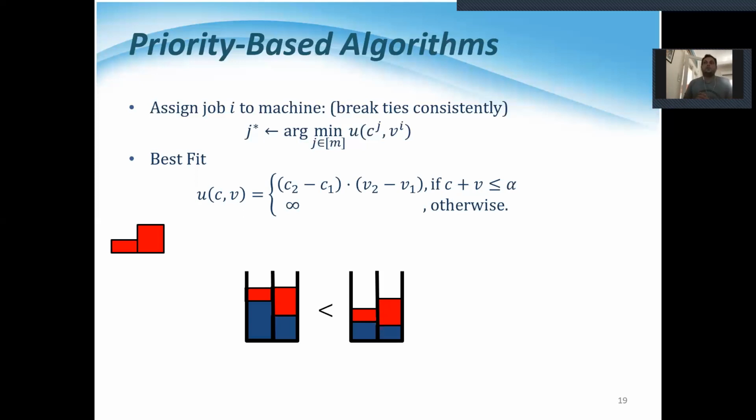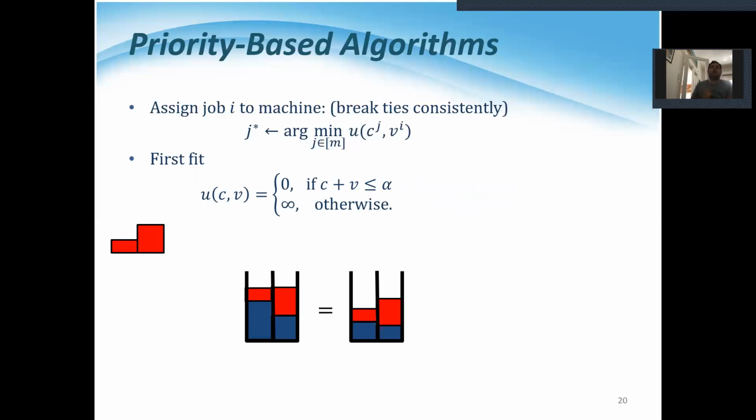So it needs to know OPT in advance in order to compare itself to alpha. And the last algorithm in this family that we work on is first fit, which assigns to the first feasible bin. We can achieve it by just setting a zero for the machine if we don't overflow the competitive ratio guarantee, and infinity otherwise. Because the priority-based algorithm breaks ties consistently, we will get exactly the first fit behavior.